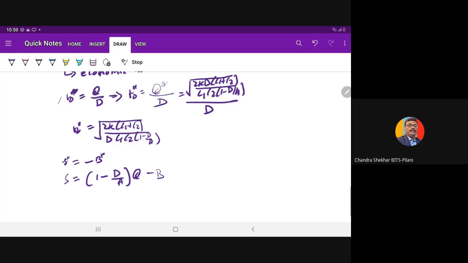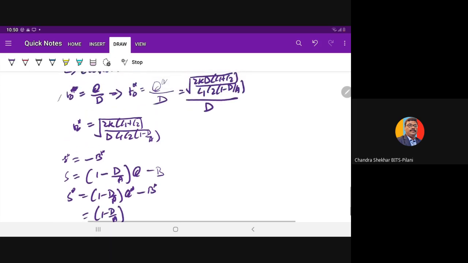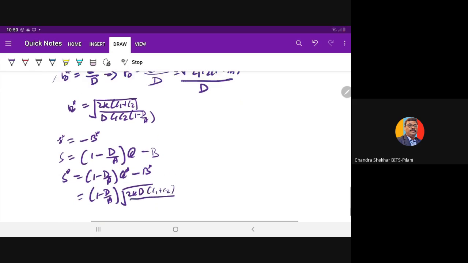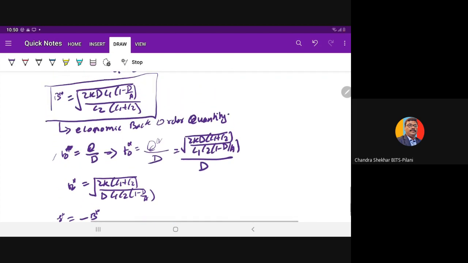So when we put the value of optimal Q star and the optimal B star, we have 1 minus D upon A into Q. Means if you have to compute the S star, this will become Q star minus B star.